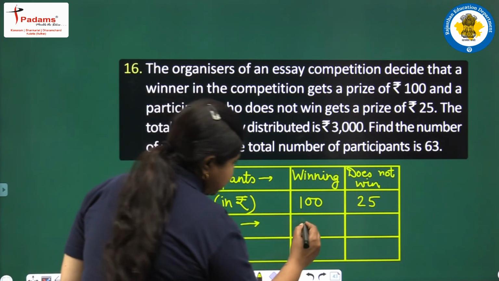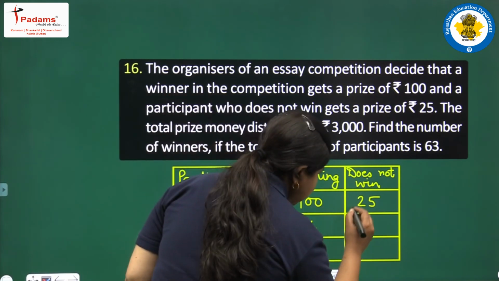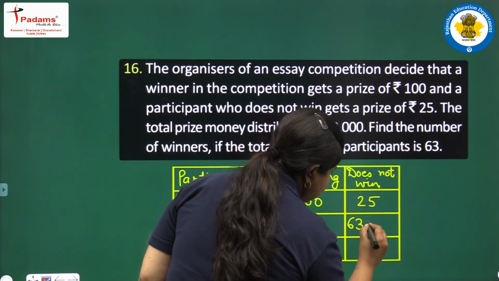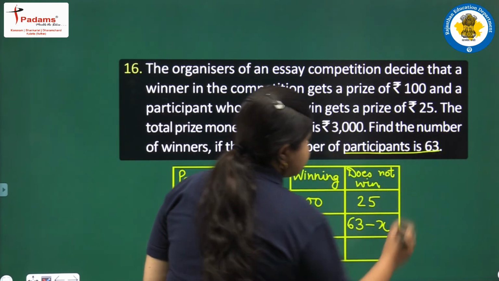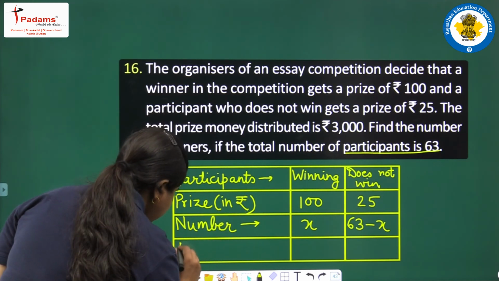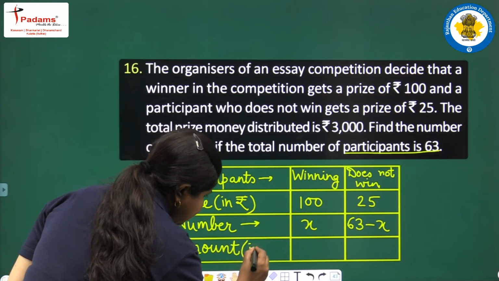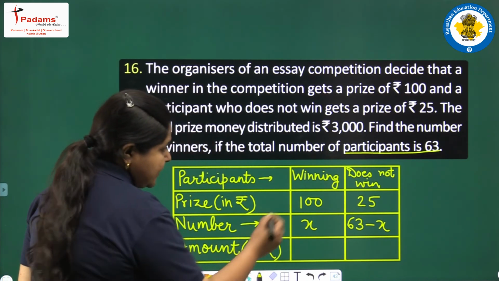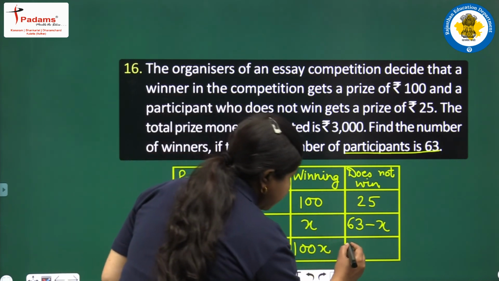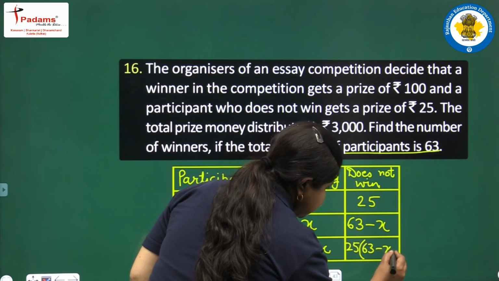Let us assume that the number of winning participants is x. Then the number of participants who did not win will be 63 minus x, because the total participants is 63. Now the value of prize or amount that will be distributed in rupees, simply multiply the two, 100x, and multiply this 25 into 63 minus x.